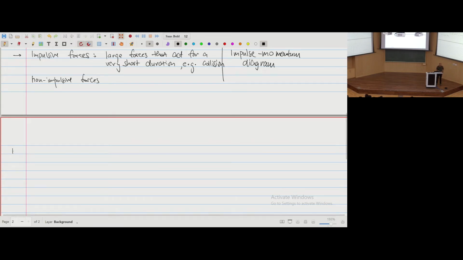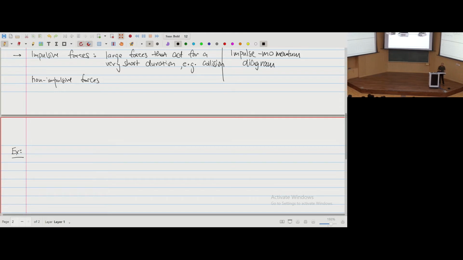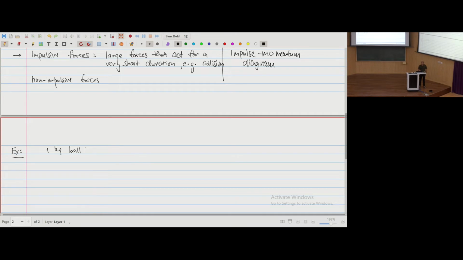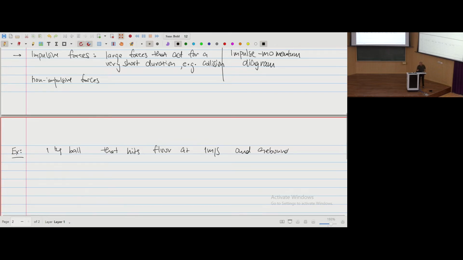So, let us take a motivational example. We have a 1 kg ball that hits the floor at 1 meter per second. And then it rebounds with the same speed. The collision lasts for 1 millisecond.